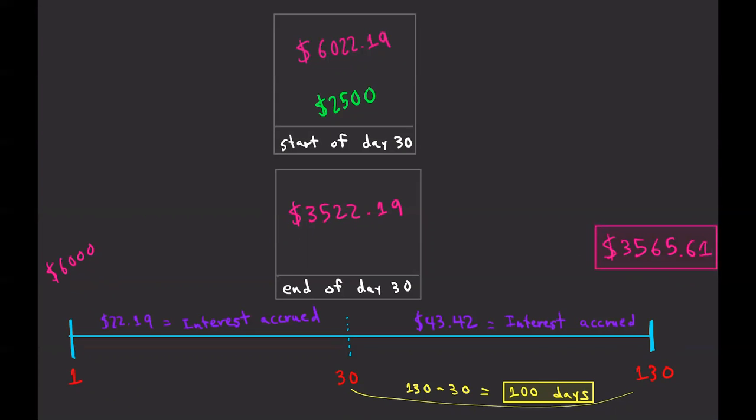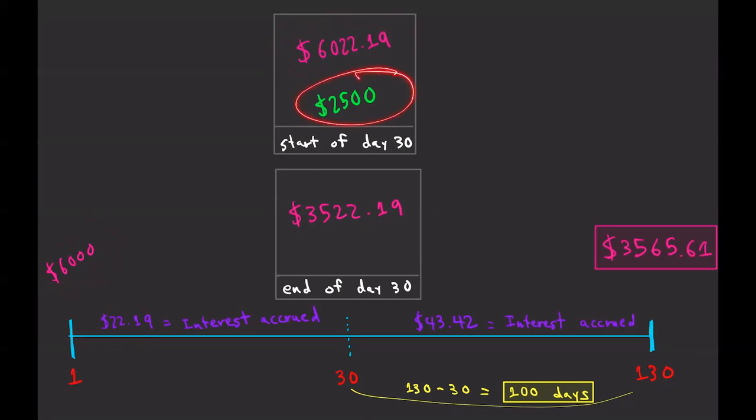So just in recap, what we've done is we've started off with, hey, Sarah borrowed $6,000. After 30 days, we had an interest that accrued of $22.19. So we added that in to get the $6,022.19. This is how much is owed at the start of day 30.